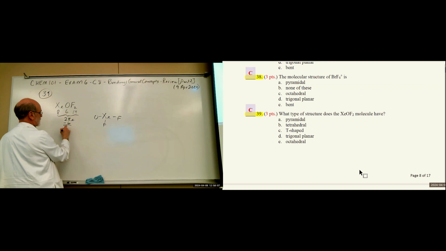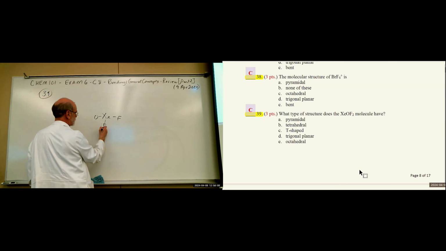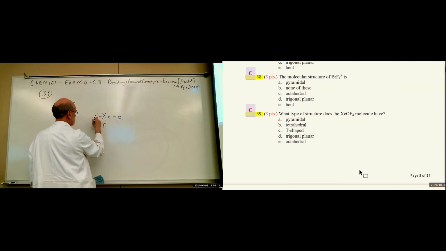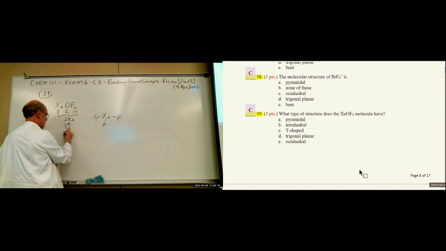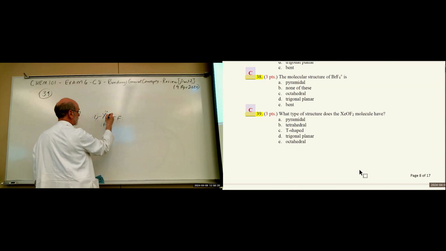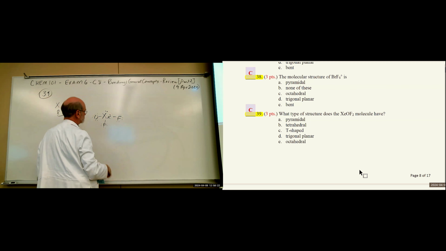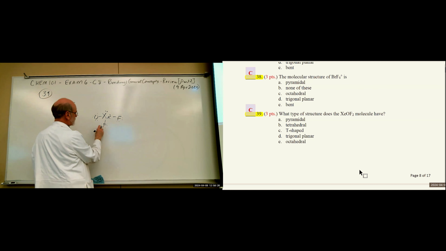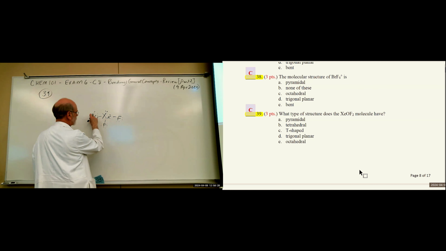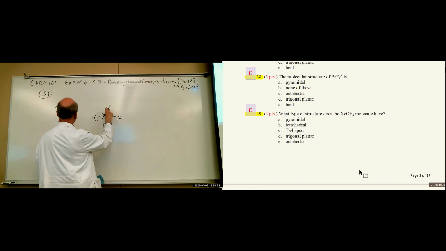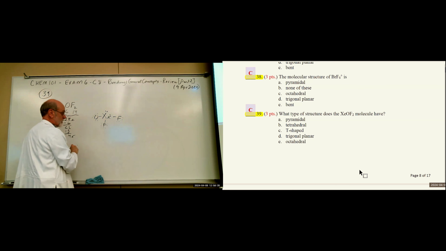So that's 22, 2, 4, 6, 8, 10, 12, 14, 16, 18. 18 needs 4 electrons left over. So those 4 go here and here. Let's see, we started with 28. 2, 4, 6, 8, 10, 12, 16, 18, 20, 22, 24, 26, 28. Okay.